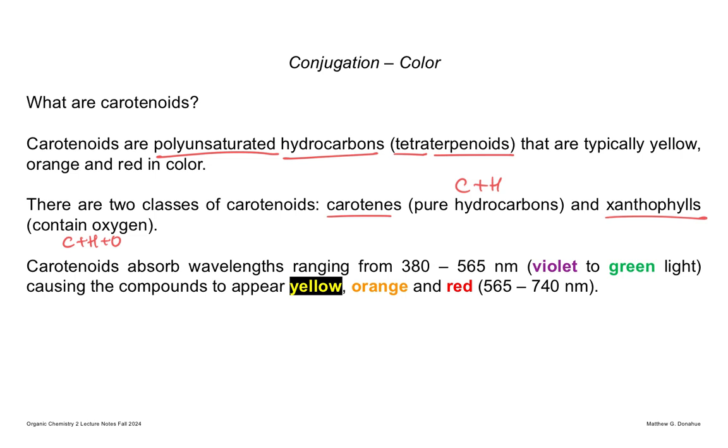That's the violet to the green light. So therefore they appear yellow, orange, and red at the lower energy, 565 to 740. So remember, the color you see, the material's absorbing the complementary color.